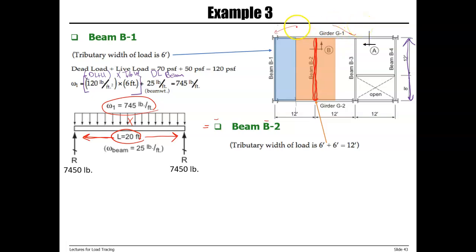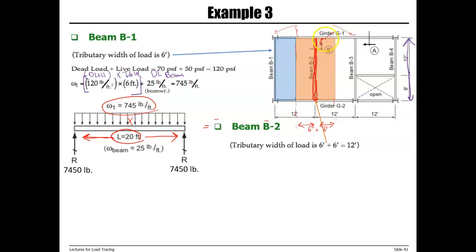So tributary width is half of distance on the left side and half of the distance on the right side. 6 feet plus 6 feet. So tributary width of load for beam B2 is 12 feet.